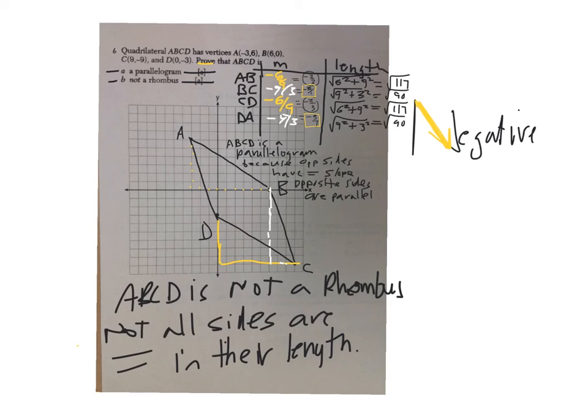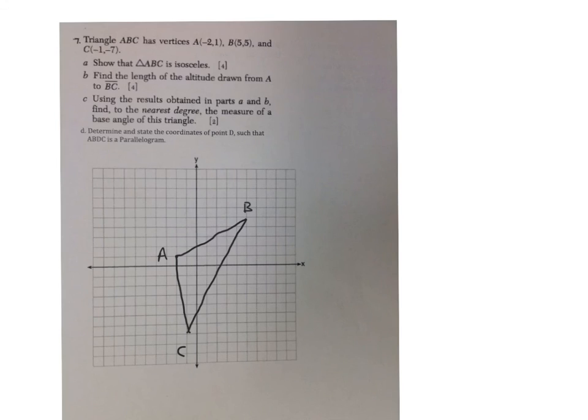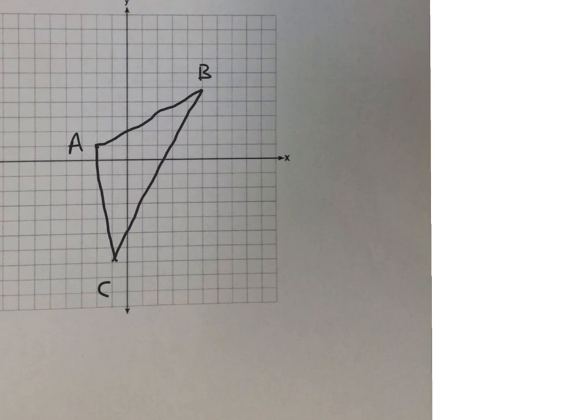Okay, continuing on. They're asking in 7 to show that this triangle is isosceles. To do that, I'm going to figure out the length of AB and AC, because those look to be the ones that might be the same length. Once again, I can use the slope to help me get the distances.